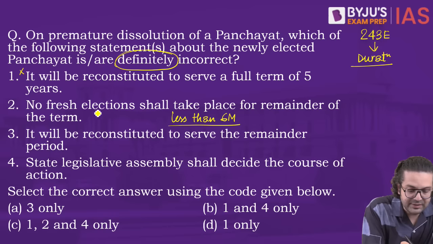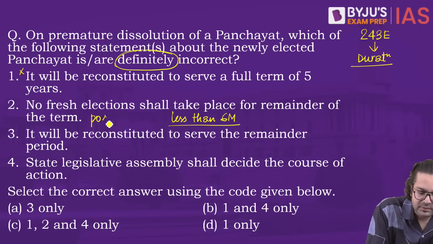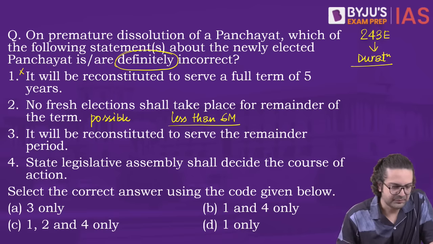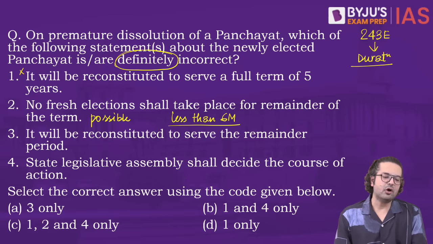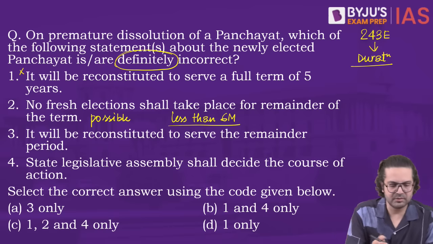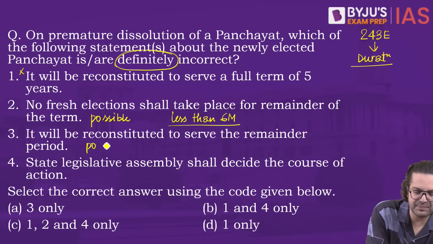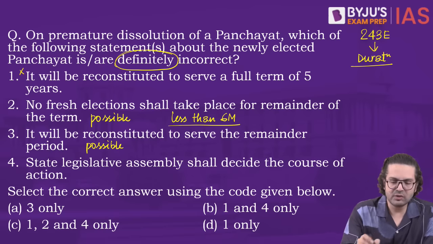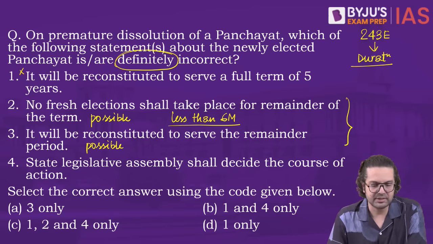So it is actually possible. It depends on whether the remainder tenure is less than 6 months or not. Possible. Number 3, it will be reconstituted, again elected to serve the remainder term, and that's also possible. It depends. If the remaining period is more than 6 months, then we'll have to reconstitute the panchayat again. So 2 and 3 are possible. So we cannot say they are definitely incorrect.